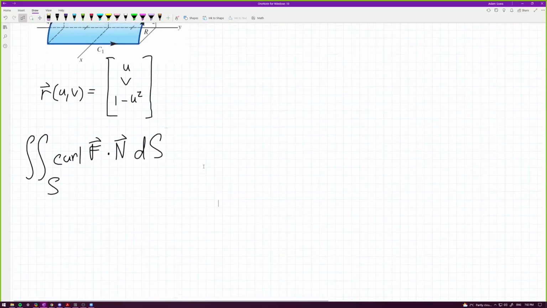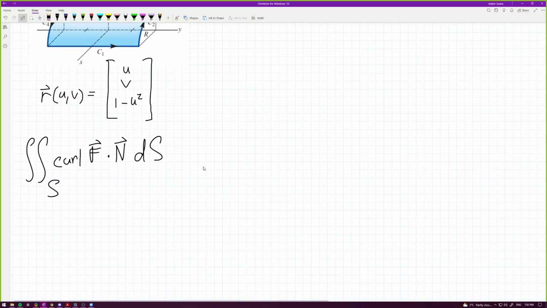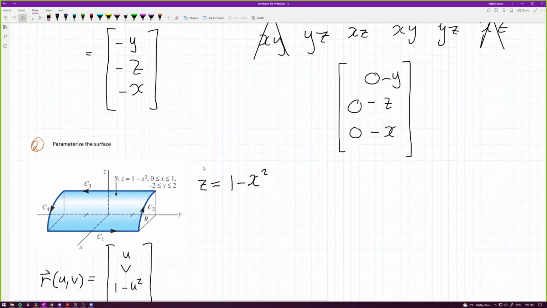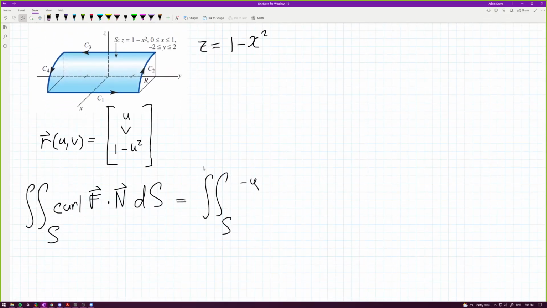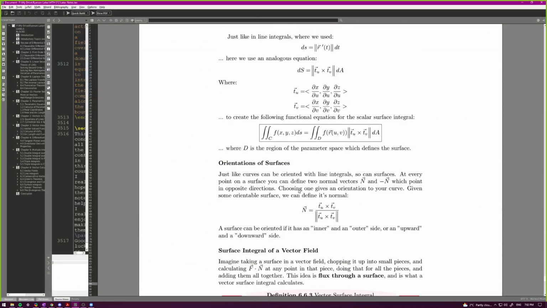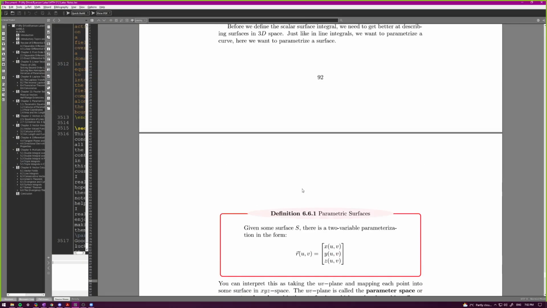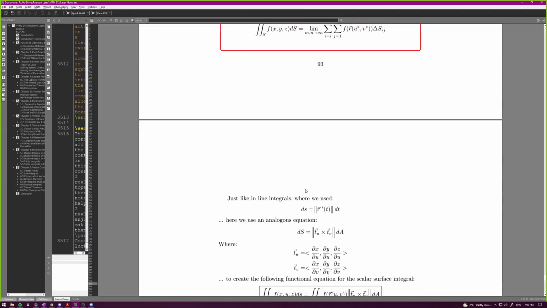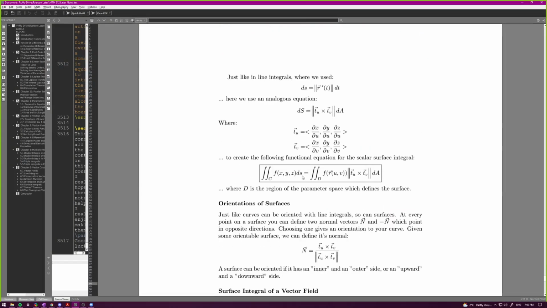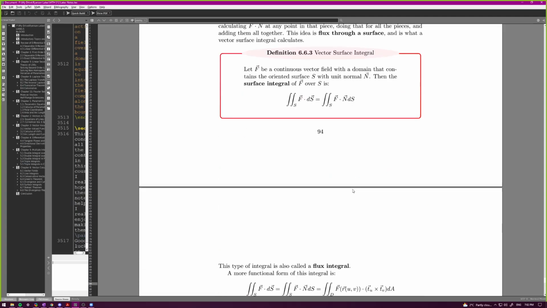So the curl of f dot n is going to be equal to the double integral over S of, we figured out the curl, negative y, negative x, negative z, negative x, dot n dS. So there's a formula in my notes for an integral like this. Surface integrals, that's a regular surface integral, vector surface integral.